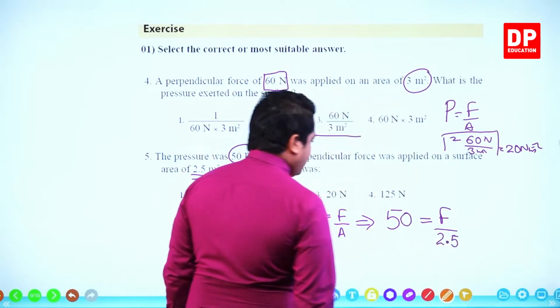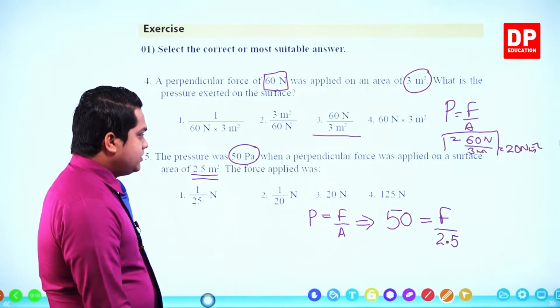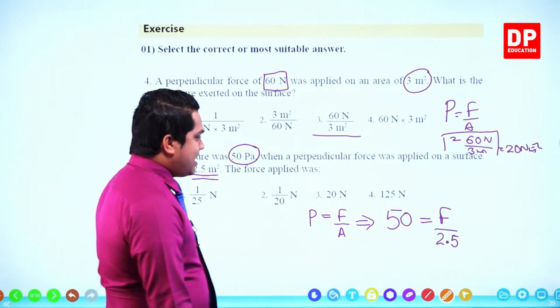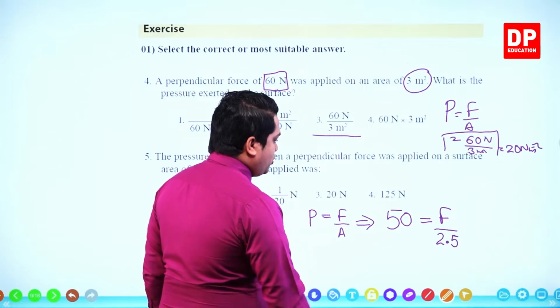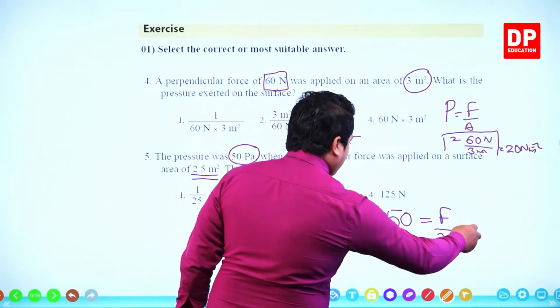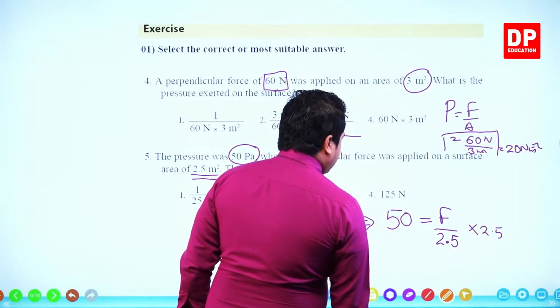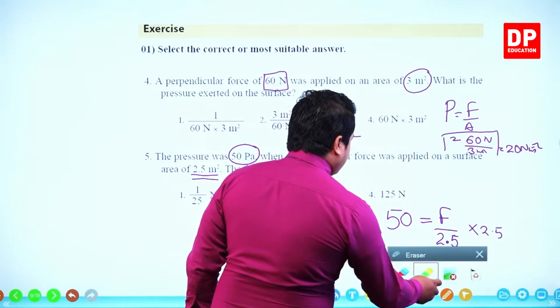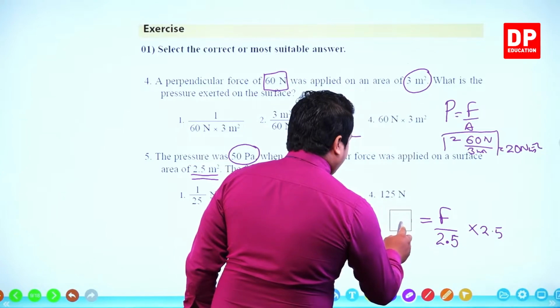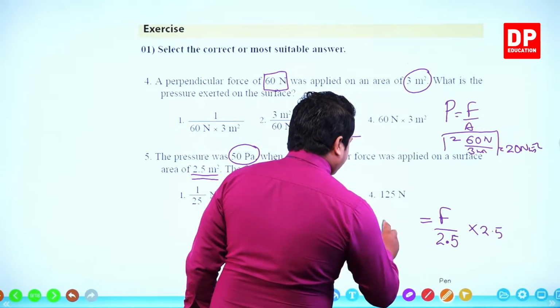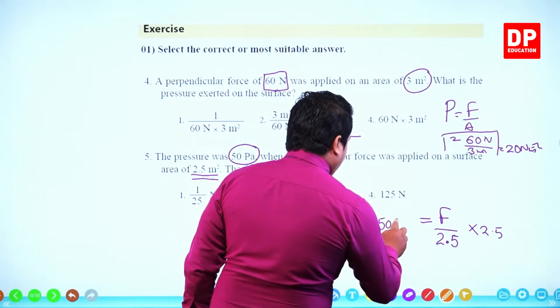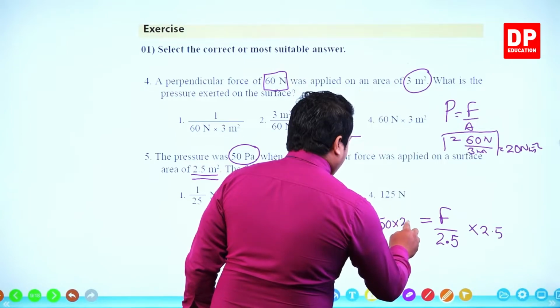It's very simple. To find out the force, you just need to multiply both the sides by 2.5. You multiply this one by 2.5. In the same way, you multiply this side also by 2.5. 50 into 2.5.